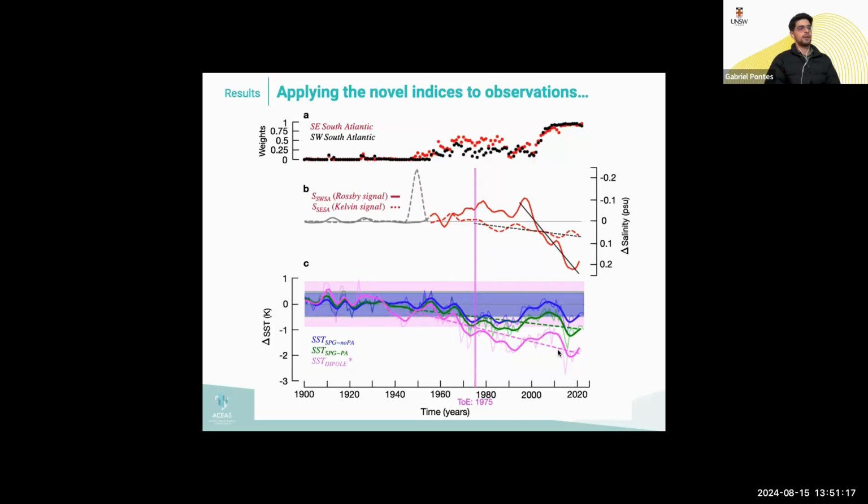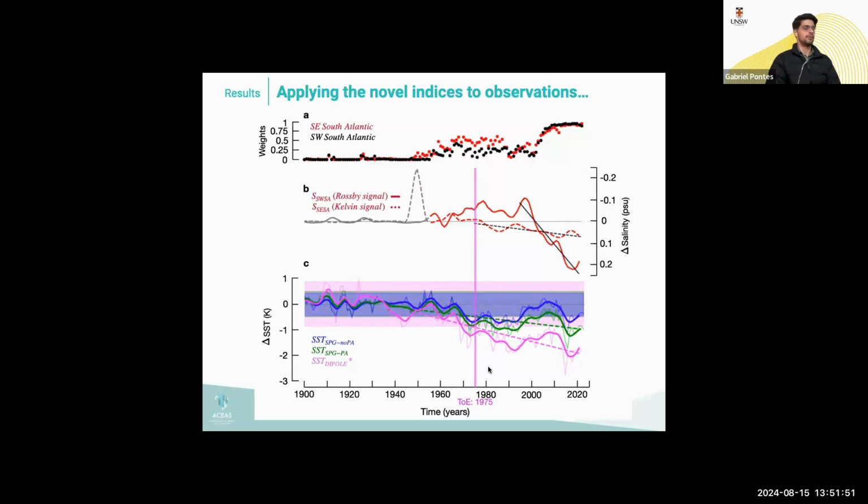And this last one is what we have called the modified SST dipole, because there was a previous SST dipole, and here we have modified this SST dipole index in order to focus on the Rossby wave signal. And when we focus on this Rossby wave signal, it shows a time of emergence of the signal at around 1975. So in agreement with those salinity indices that were also based on those waves.